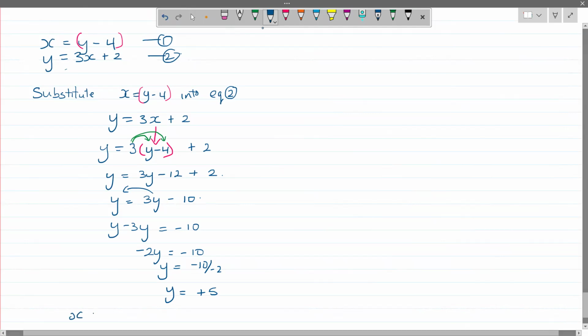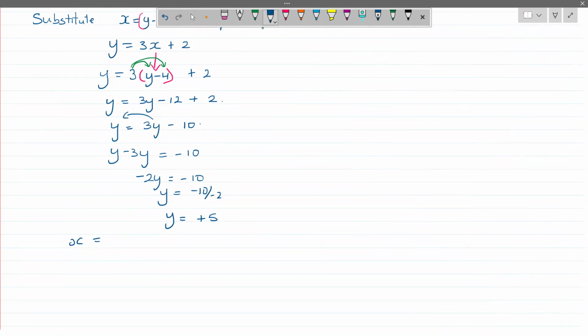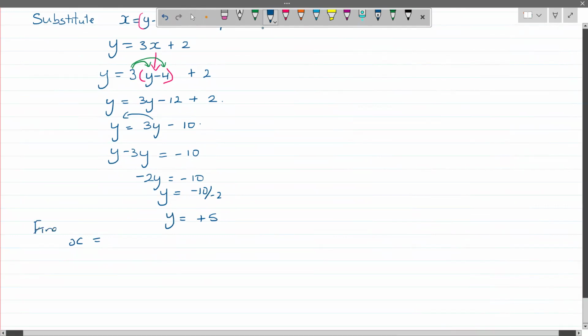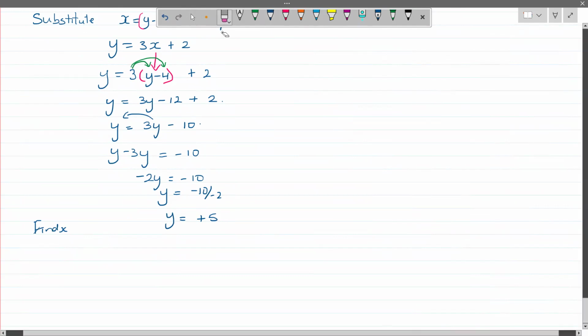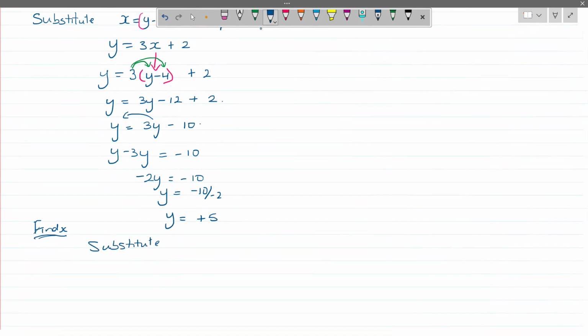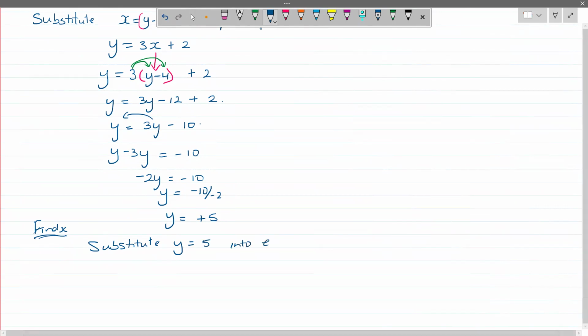So x is equal to, we'll call it x. Fine. Substitute y is equal to 5 into equation 1.